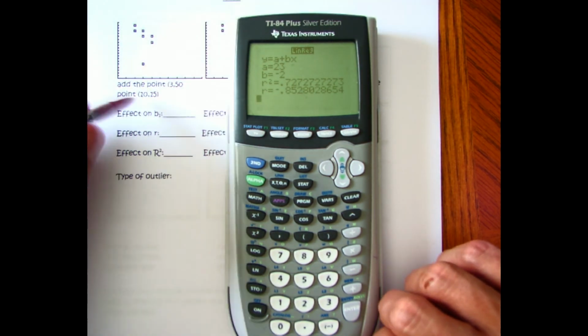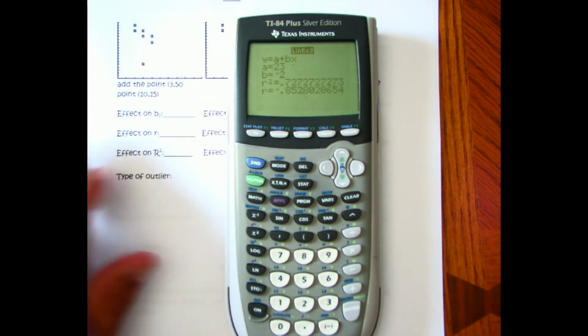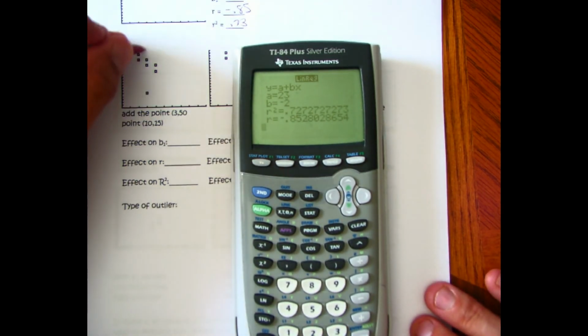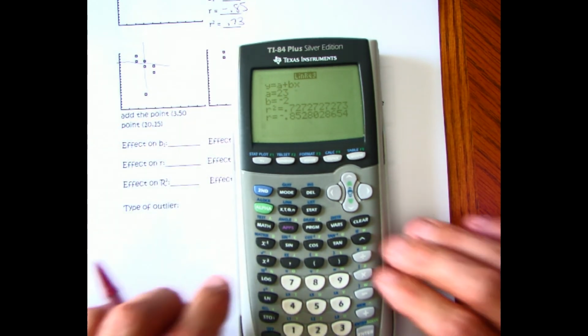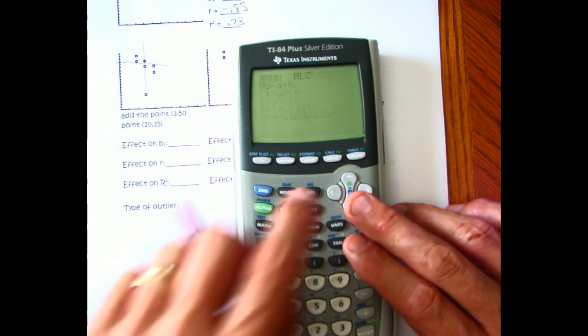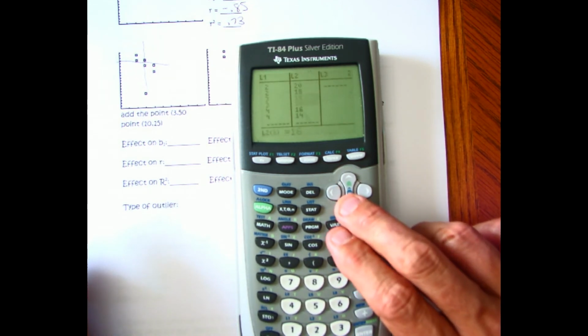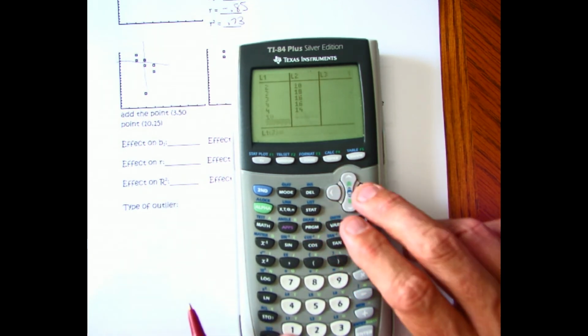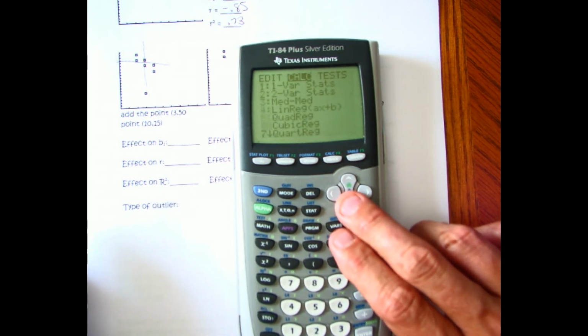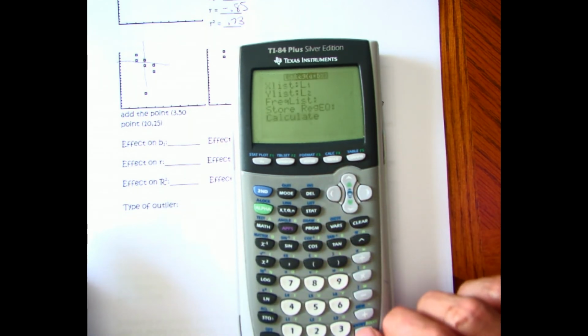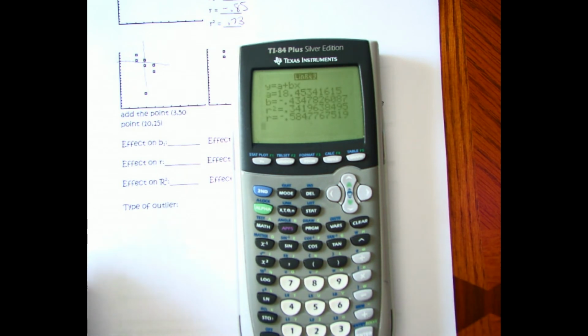Okay, so now I add the point 10,15. Well, the point 10,15 is right below the mean point, so for the effect on the slope, we'll add that in. The effect on the slope should be minimal.